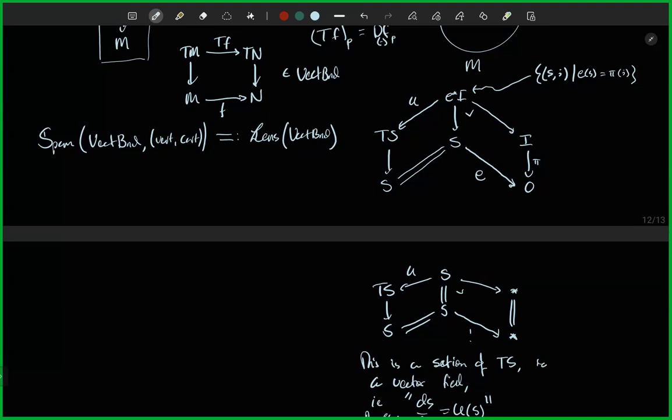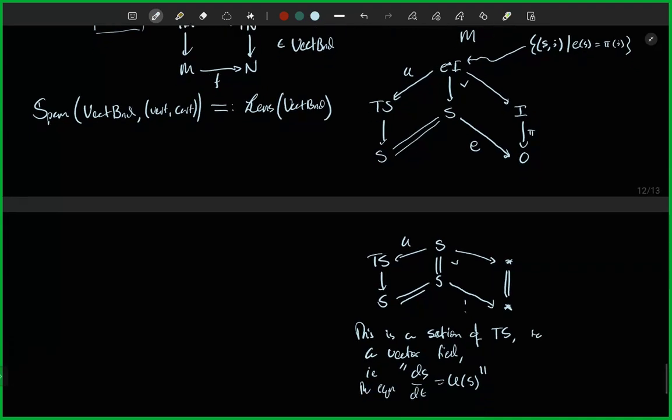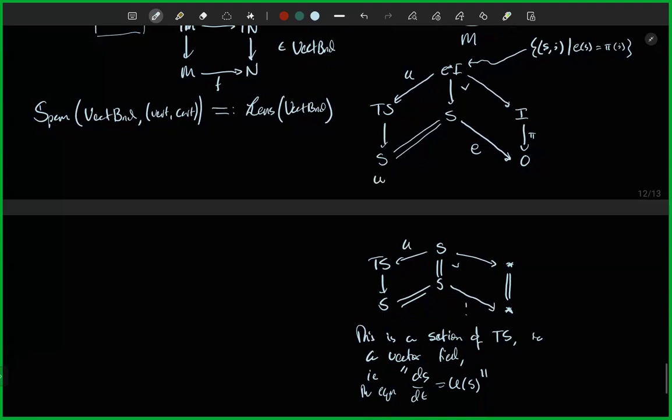Okay, let's look into that a little bit later, but right now what we can see is that U of s,i is now a tangent vector. So we get the equation ds/dt equals U(s,i). And now we see that we've arranged to have this extra parameter i.